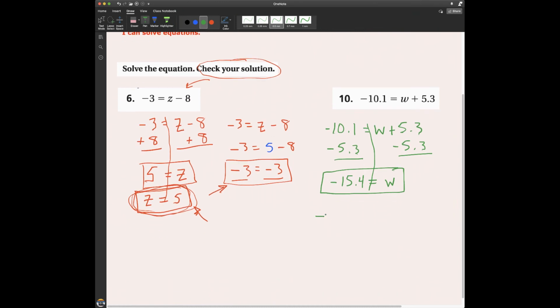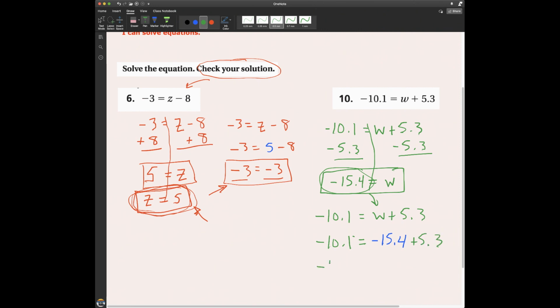Let me write the problem down. Negative 10.1 equals W plus 5.3. I want to substitute negative 15.4 into this equation. So I have negative 10.1 equals negative 15.4 plus 5.3.